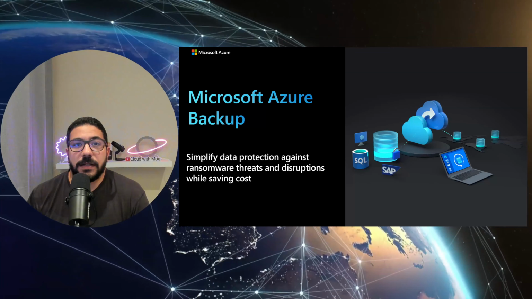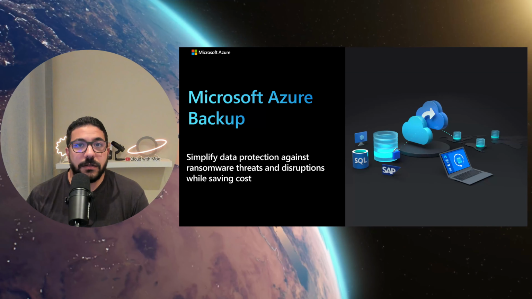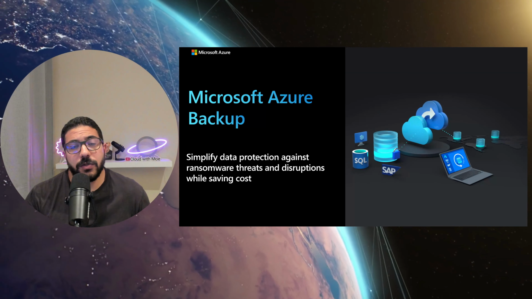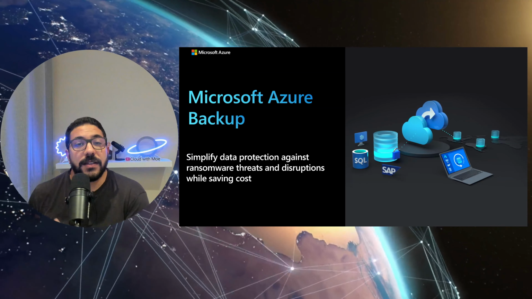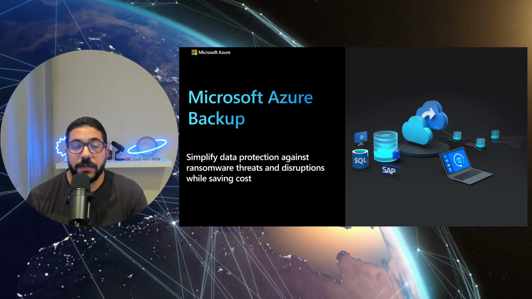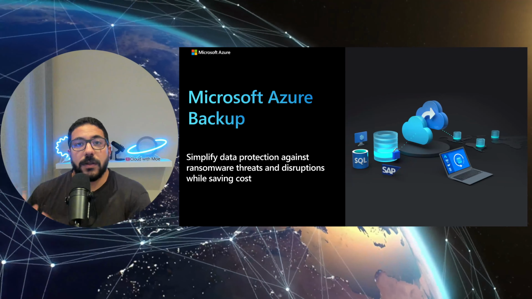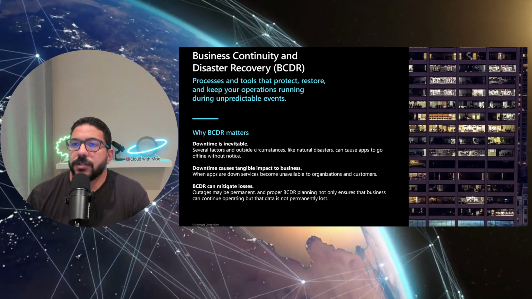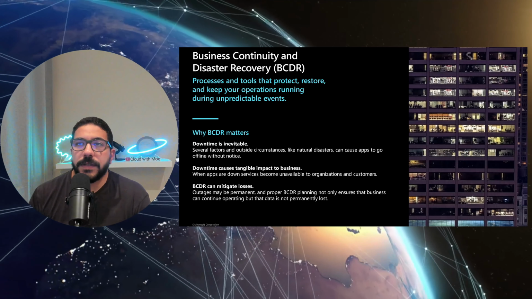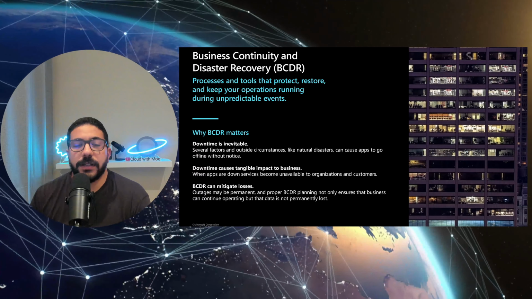So basically you can use Microsoft Recovery Services Vault either to back up your infrastructure, or even to use Azure as a disaster recovery site for your on-premises infrastructure, which we will also tackle in another playlist.